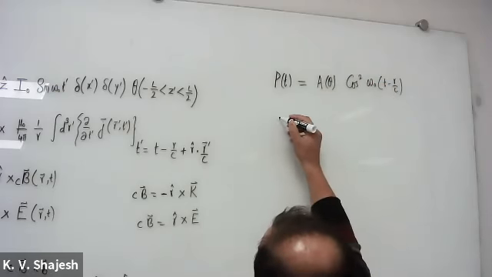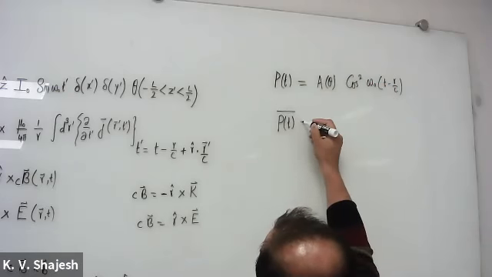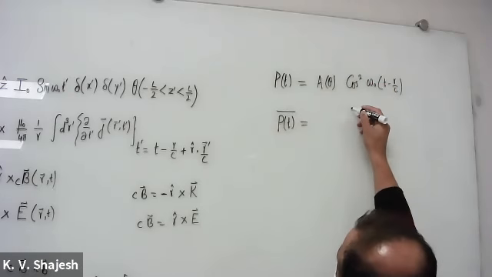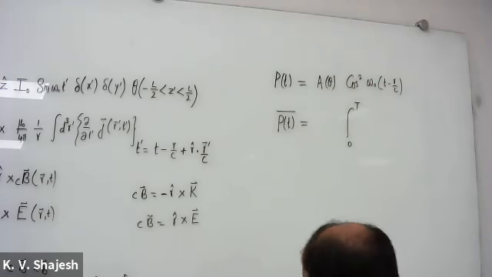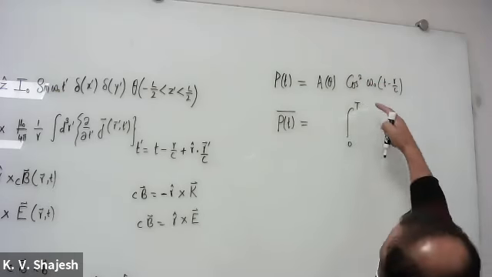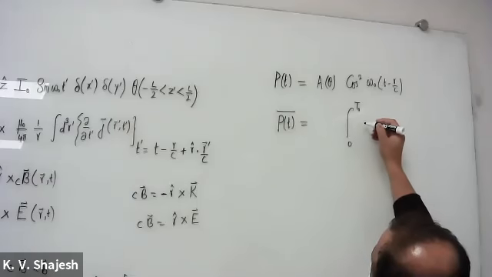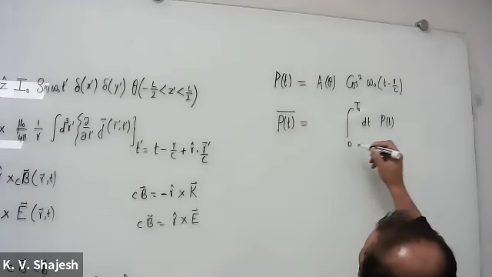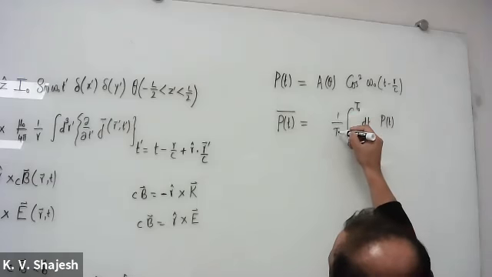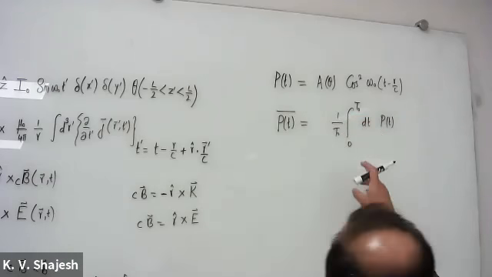I'll define my average power as the integral from 0 to the time period t naught of the oscillations, dt, divided by t naught. That's a standard thing you do. Probably you have done this in AC circuits and many other places.